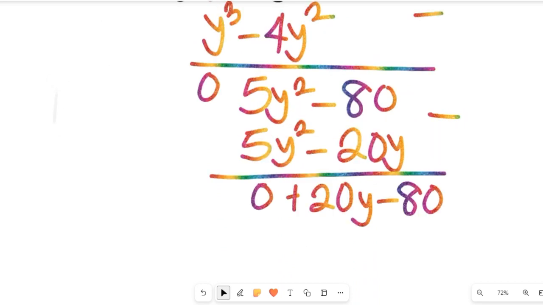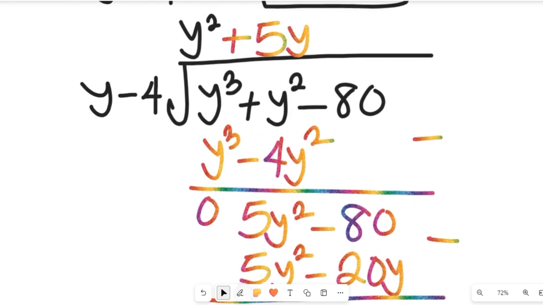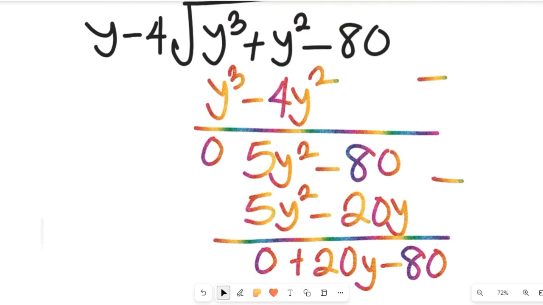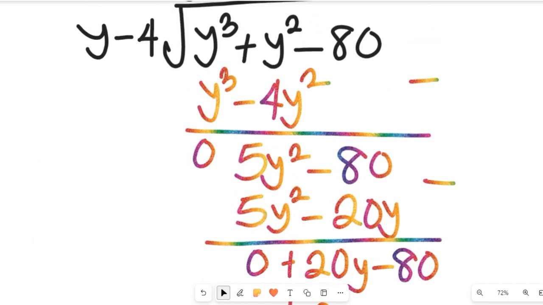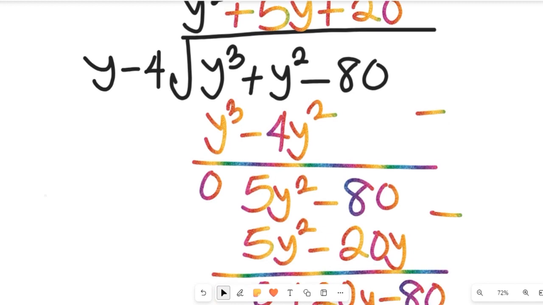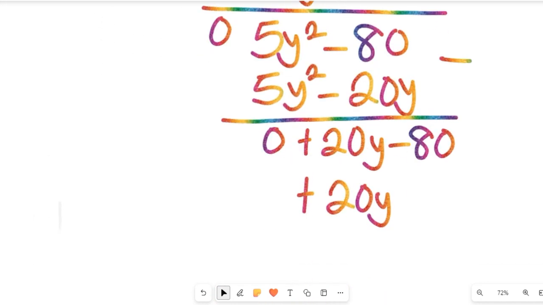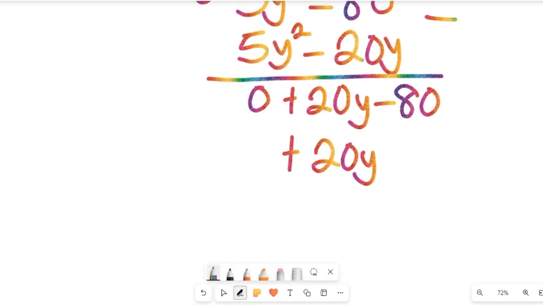So we are going to bring this down and write 20 here, plus 20. Now plus 20 multiplied by y is going to give us plus 20y. And then plus 20 multiplied by negative 4 is going to give us a negative 80.